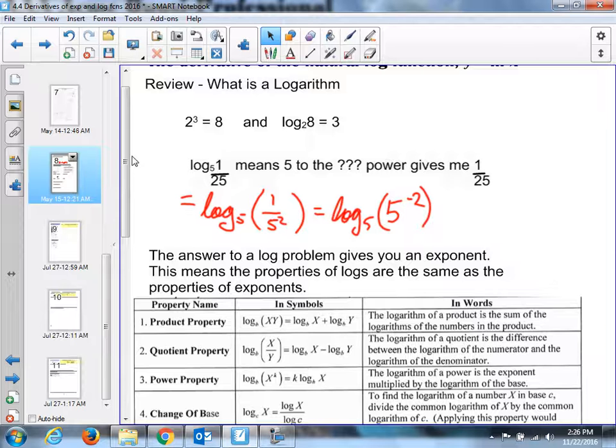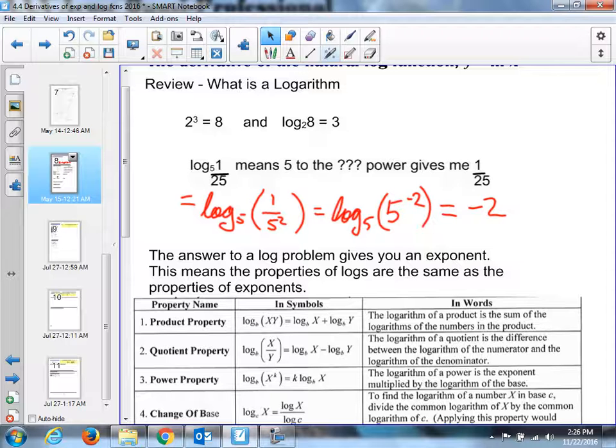If you can dream it up like this, 5 to the what gives me 5 to the -2, it's -2. That's what you're saying, whether you wrote it out or thought it through. If you need to write it out like this, go ahead. If you can see it, I'm sure the thought processes are there.